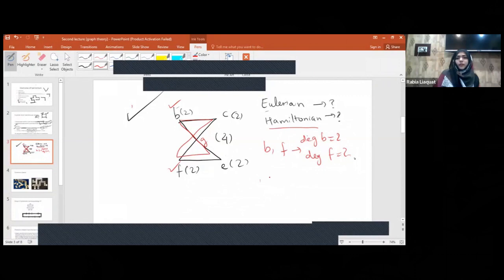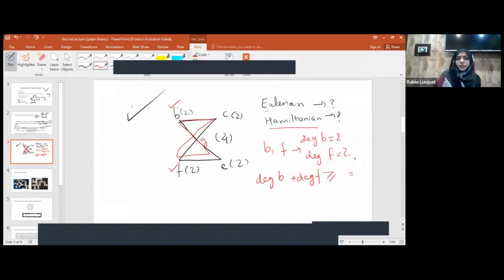Now degree of B plus degree of F should be greater than or equal to n, and how many vertices? 5. So 2 plus 2 is less than 5. So this is not a Hamiltonian graph, but this is Eulerian graph, right?